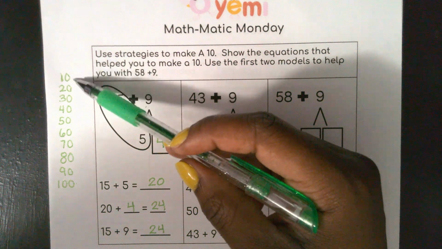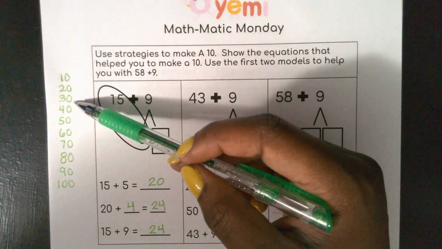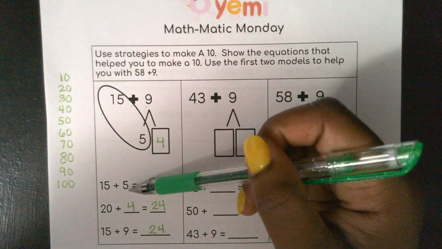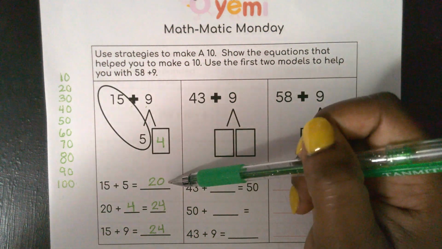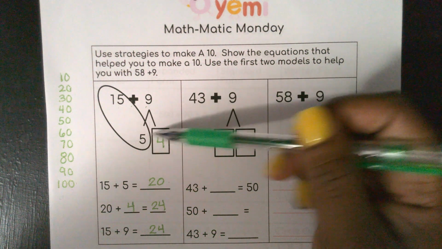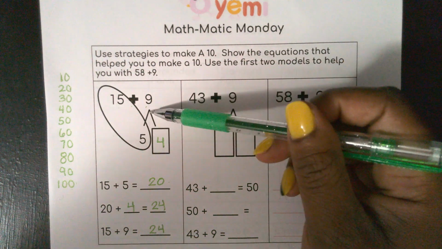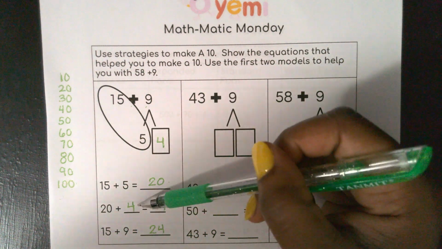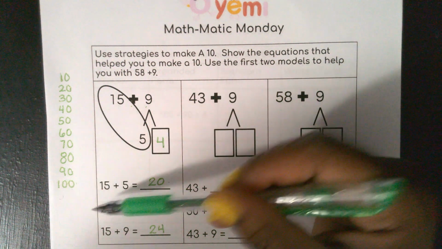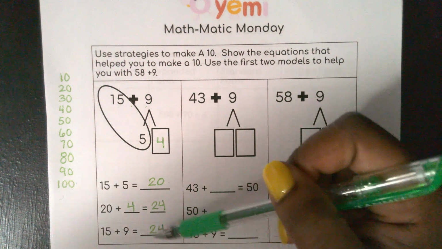Because 10 is too small, 30 is too big. So the next 10 I can make was 20. So I needed 5 more to make 20. And then here, for 9, 5 plus 4 equals 9. And I used that 4 here. And I ended up with 24, which lets me know 15 plus 9 is 24.